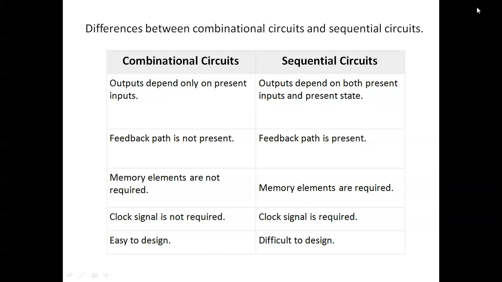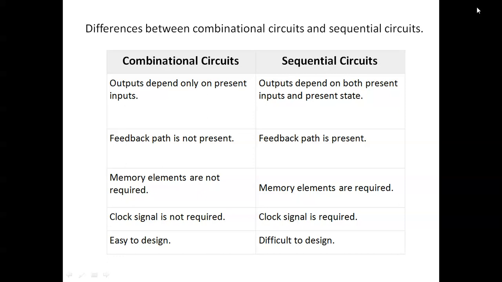Difference between combinational and sequential circuit. Combinational circuit output depends only on present inputs. Sequential circuit output depends on both present input and present state, that means previous output. Combinational circuit does not have a feedback path.